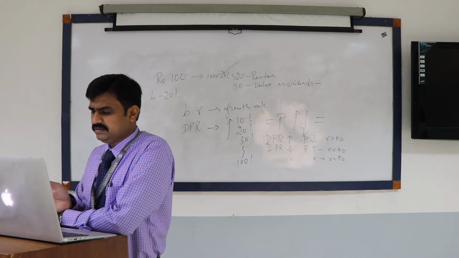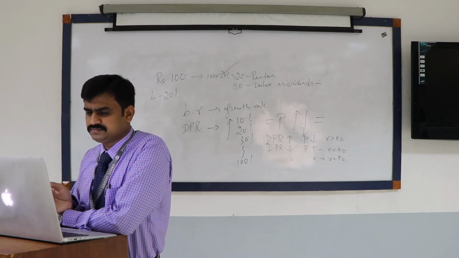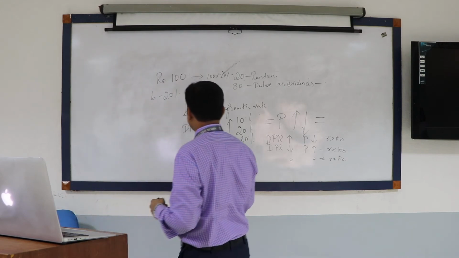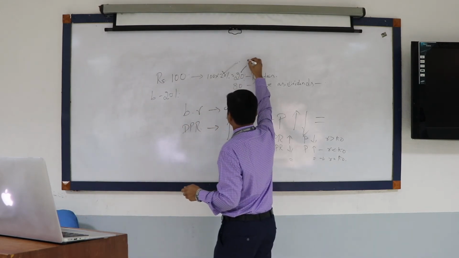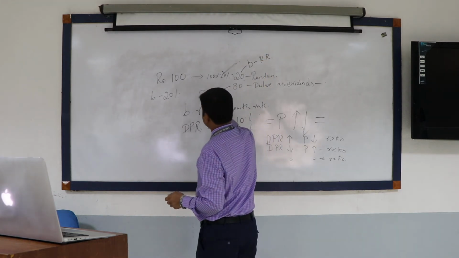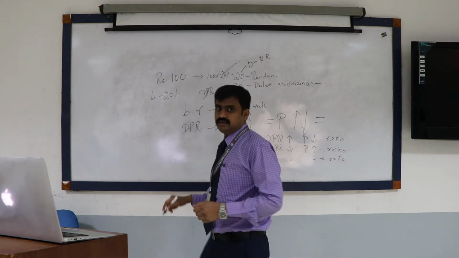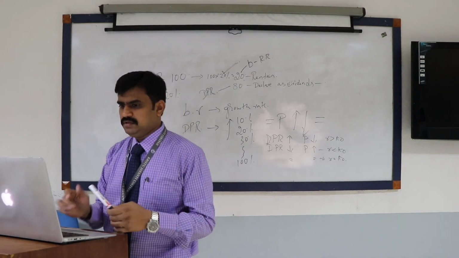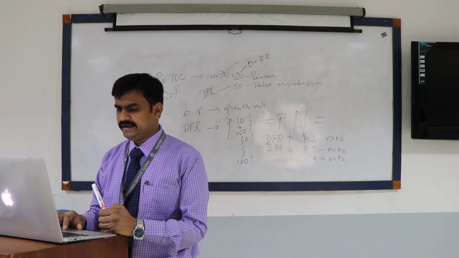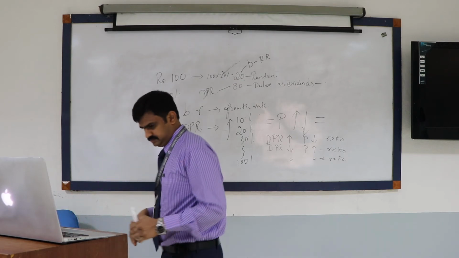So how much is DPR, dividend payout ratio? 60%. So this is your B, that is retention ratio. Then 60 will be your DPR. Okay, and then capitalization rate is 15% and return on investment is 14%.